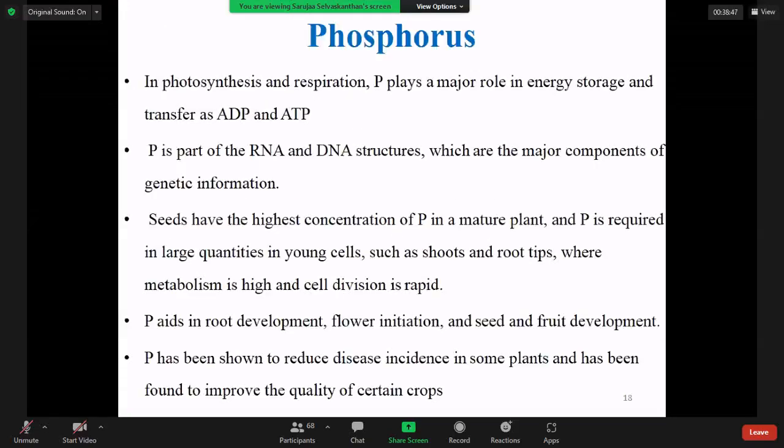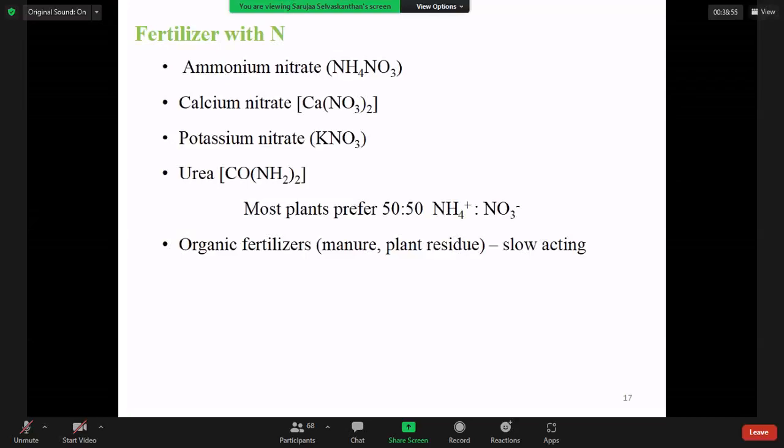Okay, now we will see about phosphorus. Can anyone tell what the functions of phosphorus are? It's a main component of nucleic acid.